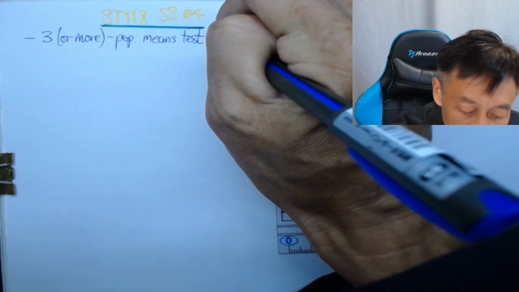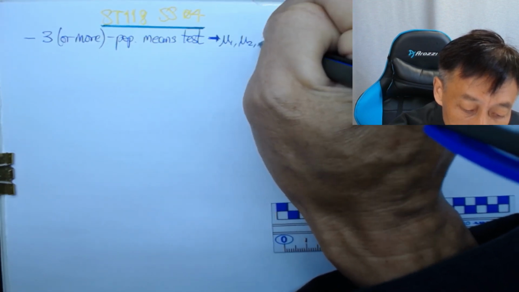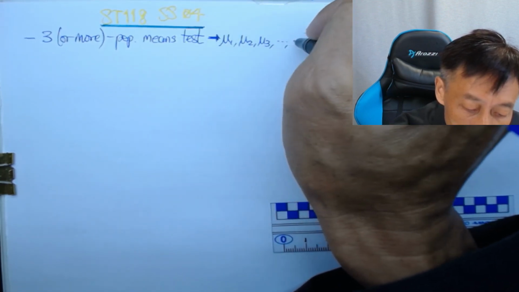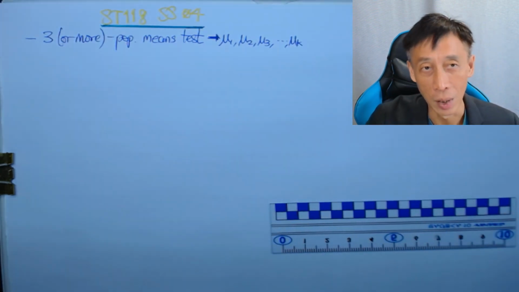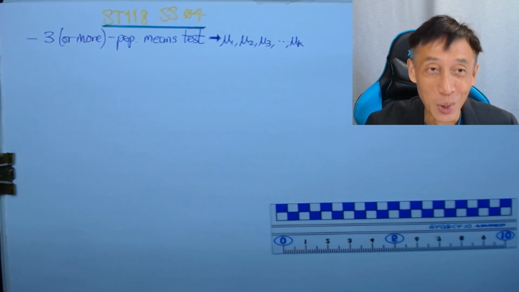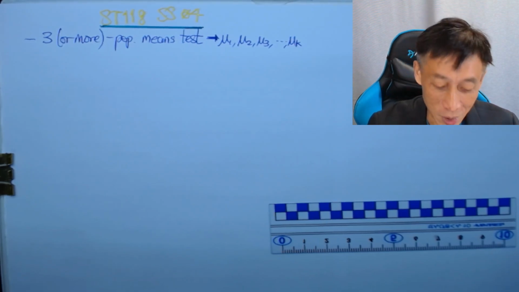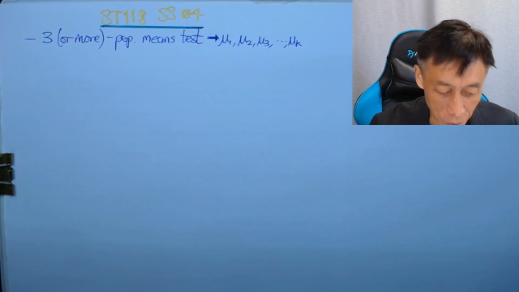Meaning it will involve mu1, mu2, mu3, and more. There's no technical limitation. You can have as many populations as you want if your budget allows to take so many measurements and data capturing, with sufficient precision.